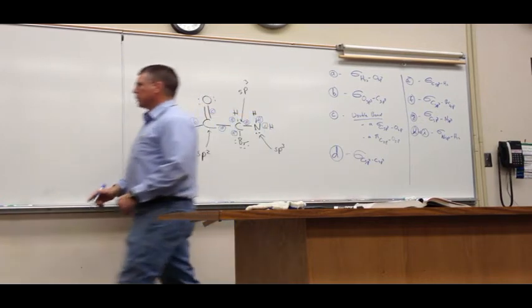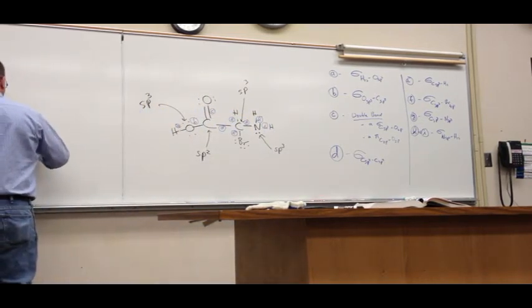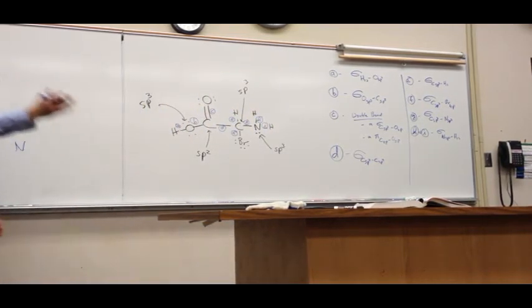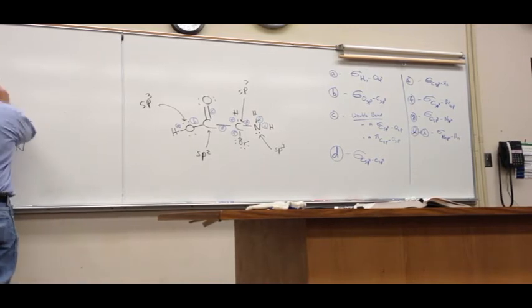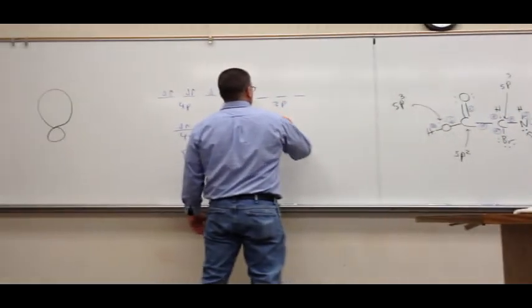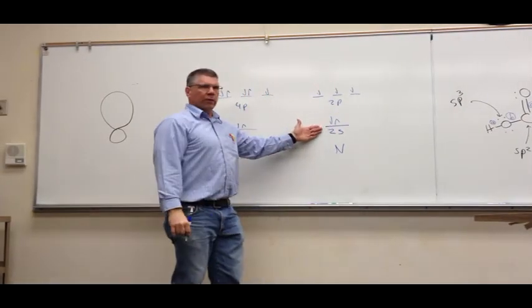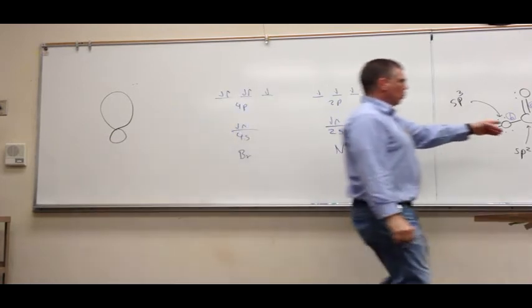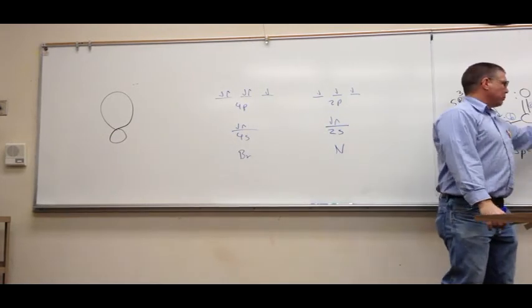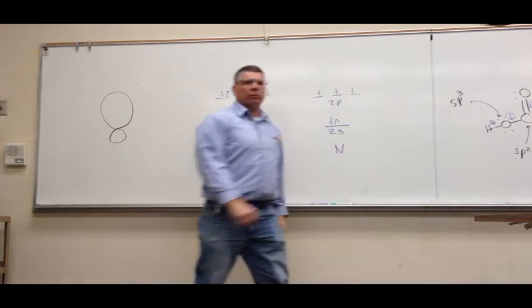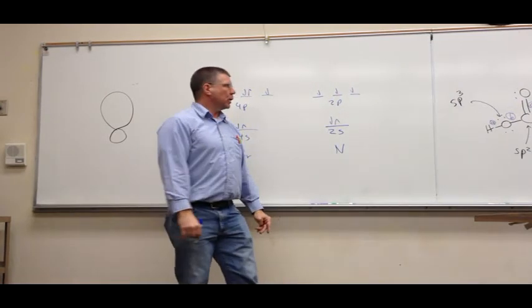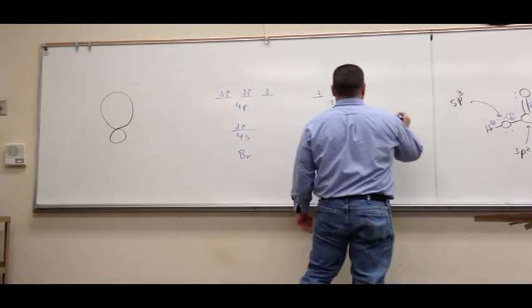Real quickly, the nitrogen, same idea. Valence electrons for nitrogen are 2s2, 2p3. Actually, I didn't have it right.